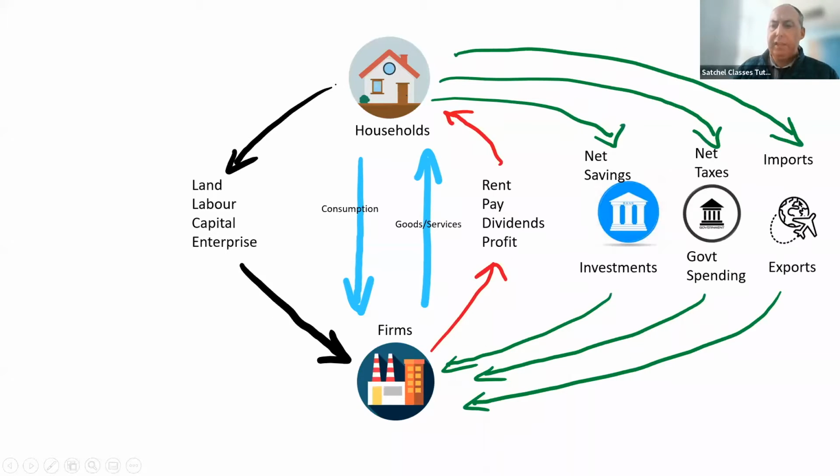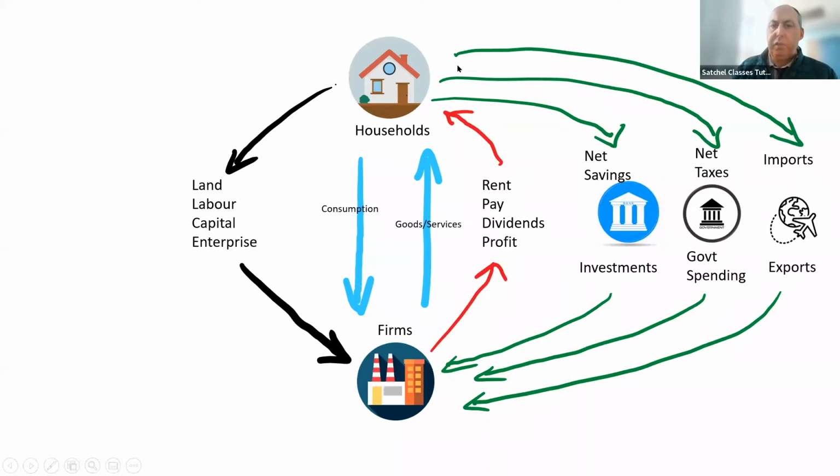The final entity that we've got to factor into our circular flow are other countries. We import goods from other countries and then we export goods to other countries.